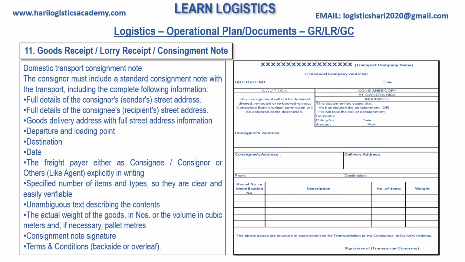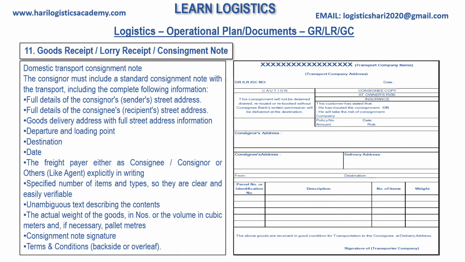One of the documents will be prepared and given to you by the transporter in acknowledgement of receiving goods for the customer, and it will contain from which place to which place they are taking it, what type of goods it is, and what is the weight or the total number of goods. It contains everything.